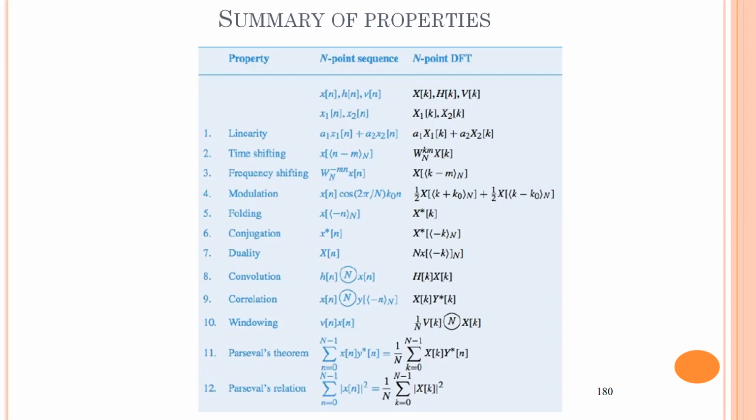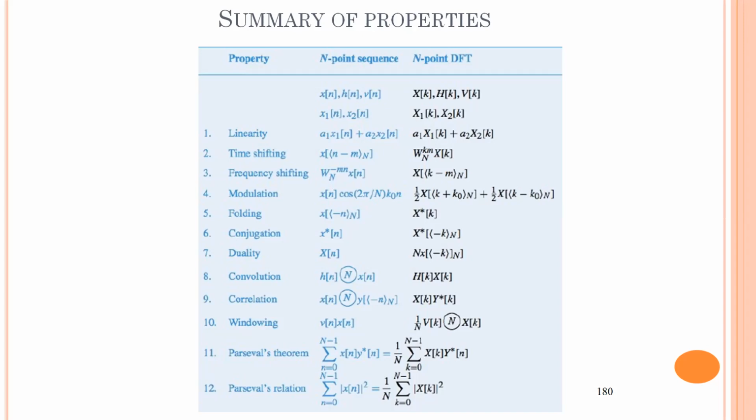Already we know convolution in the time domain is multiplication in the frequency domain. So x of n convolved with h of n, in terms of the discrete Fourier transform, we can write it as X of k multiplied by H of k.